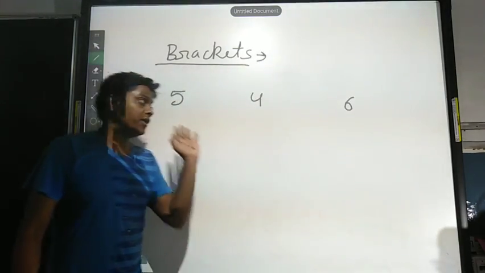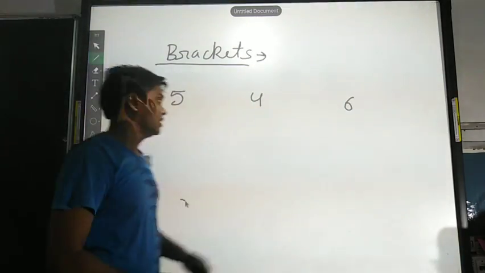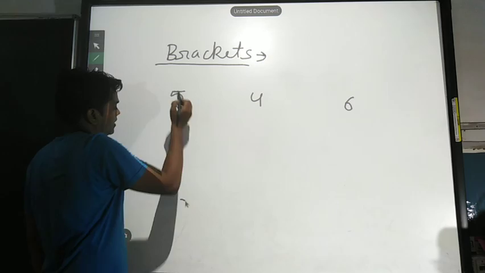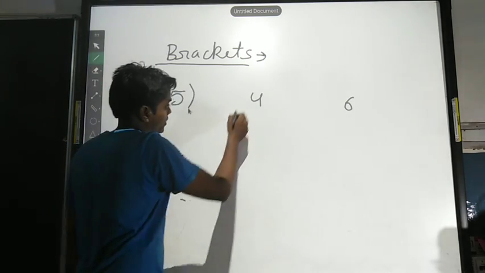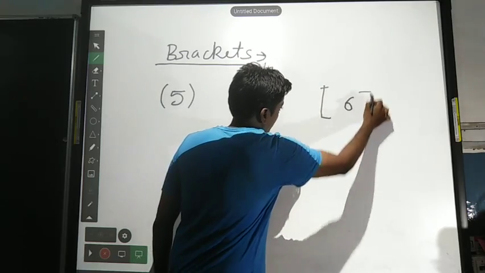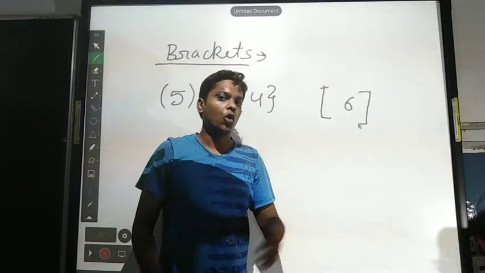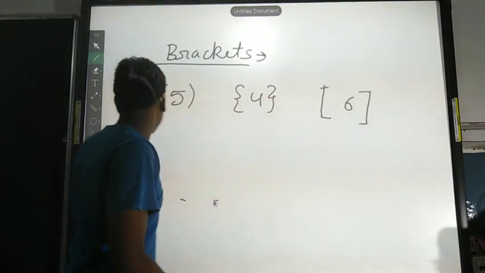If you want to join 5, 4, 6 with mathematical functions, then you can use brackets. This one is also a bracket, this one is also a bracket, and this one is also a bracket. So here we have used three types of bracket. What are they called? Let's understand.